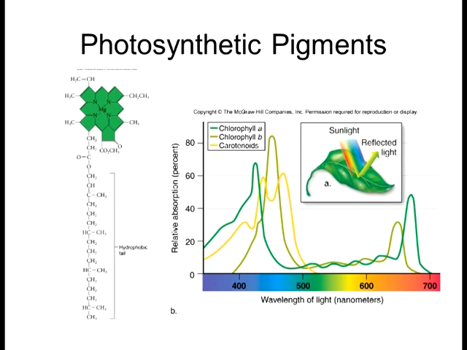Chlorophyll is the most abundant pigment in any photosynthetic organism, which is why most photosynthetic organisms are green. If we look at the spectrum from which this molecule absorbs light, we find that it absorbs primarily blue and red wavelengths of light, and it reflects away green. So that's why most photosynthetic organisms are green.